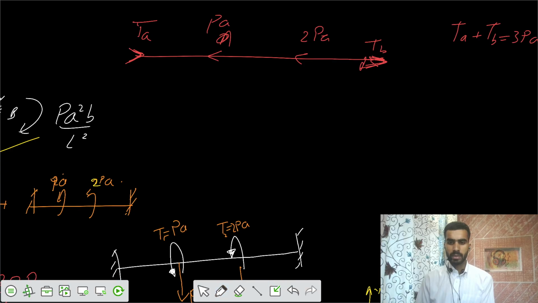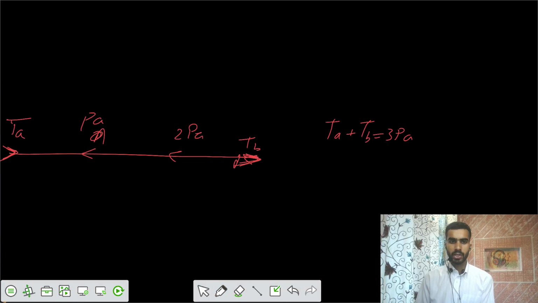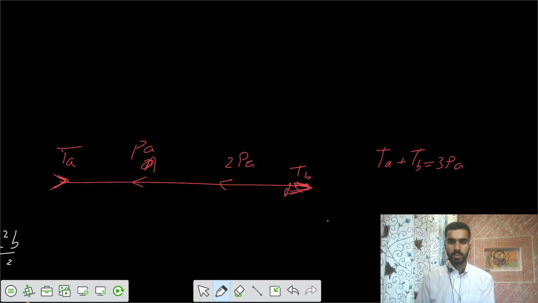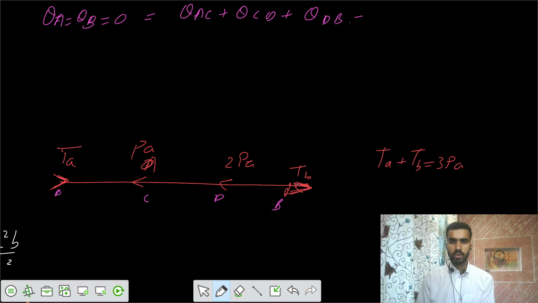And we have the compatibility condition that between the two fixed supports, theta total would be theta A equals theta B equals 0. Let's say this is A, B, C, D. I would write that theta AC plus theta CD plus theta DB goes to 0.